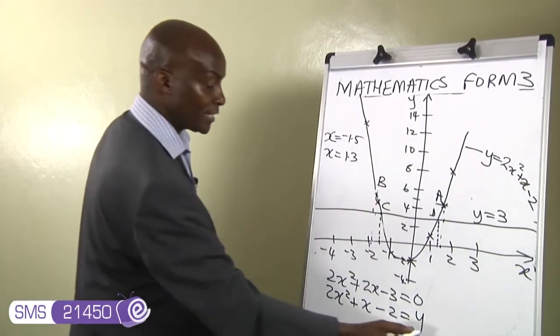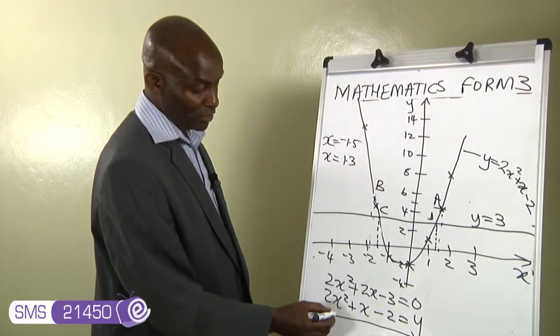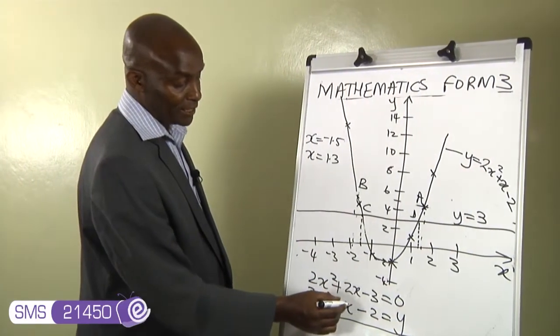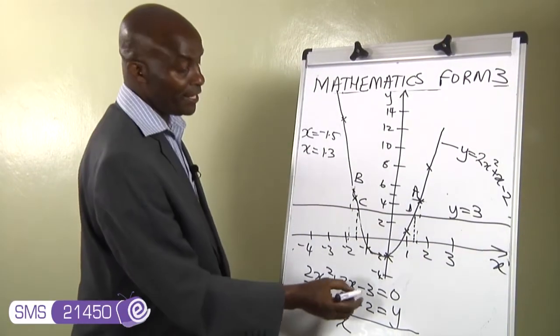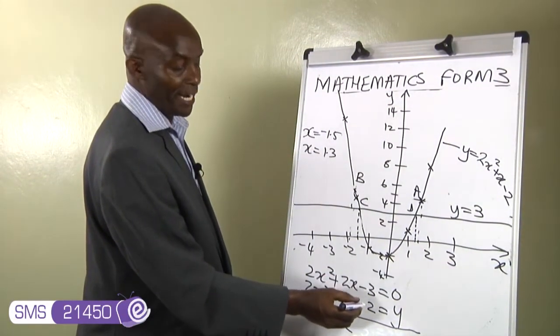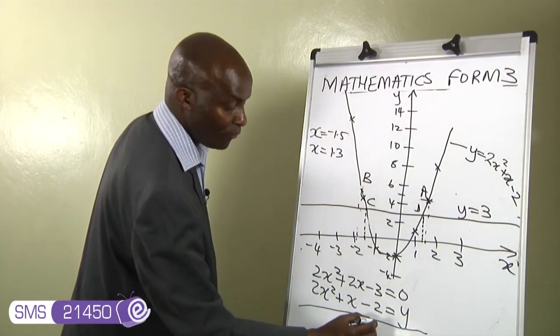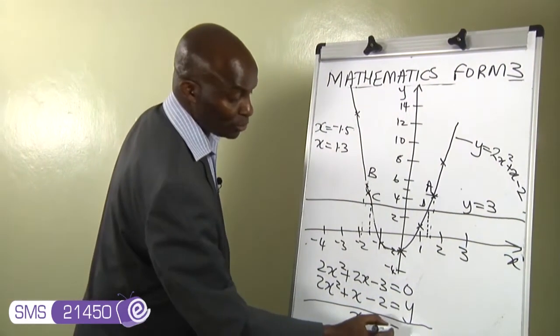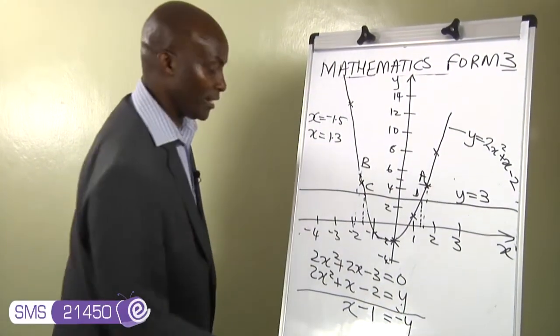And then we say subtract. So 2x squared minus 2x squared, 0. 2x minus x is equal to x. And then negative 3 minus negative 2, that should give you negative 1, is equal to 0 minus y, which is negative y.